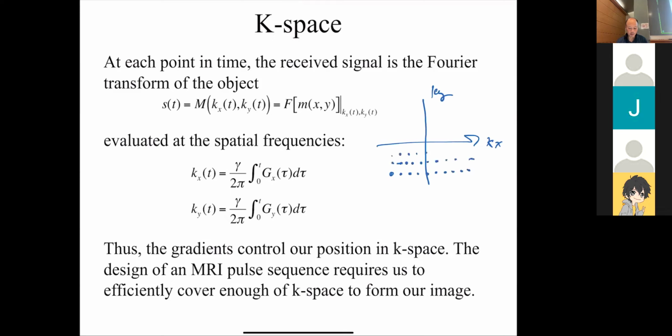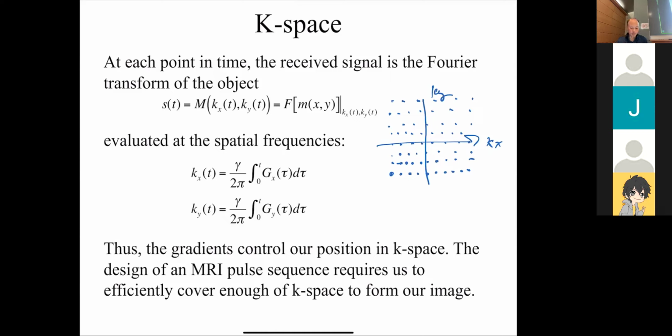As we go through, the MRI sequence is essentially collecting all these points in K-space. When we've collected enough points, we can take that data and do an inverse Fourier transform and then calculate our image. So today we're going to talk about how we collect those points.